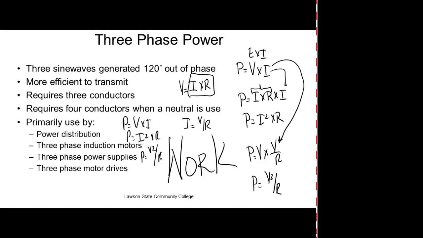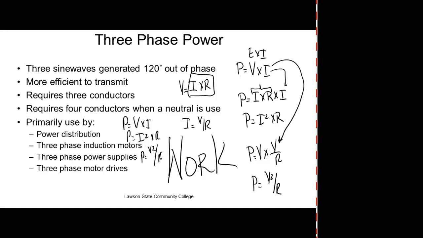It requires 3 conductors, but if we use what they call a delta arrangement, we don't have to use a common. We don't have a ground. So this is why your main power feeds, you'll see combinations, you'll see 3 conductors, but a lot of times they'll use multiple conductors to send the power.